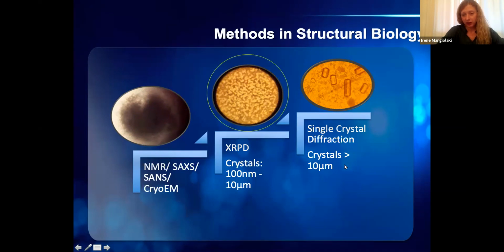The usual requirement is a crystal of 10 microns in size or even smaller these days at microfocus beamlines. However, one of the difficulties with this technique is obtaining a nice single crystal.